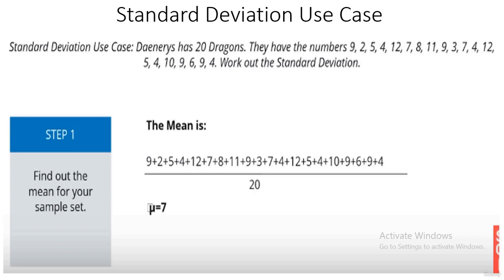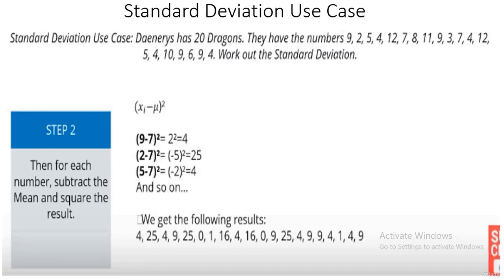Okay, this is our step 1. Step 2 is, for each number, subtract the mean which we found in step 1, that is 7, and square the result. The first one is 9, so 9 minus the mean 7, whole raised to the power 2, and 2 squared is equal to 4.